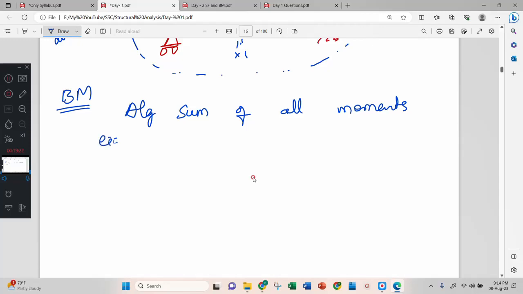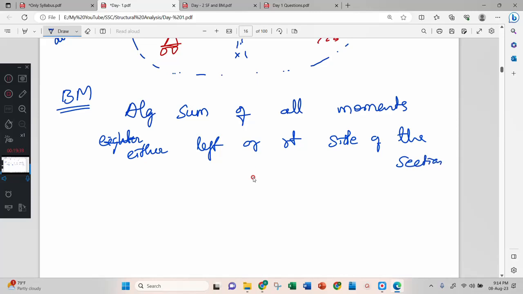Now bending moment, that is algebraic sum of all moments, either left side or right side of the section.